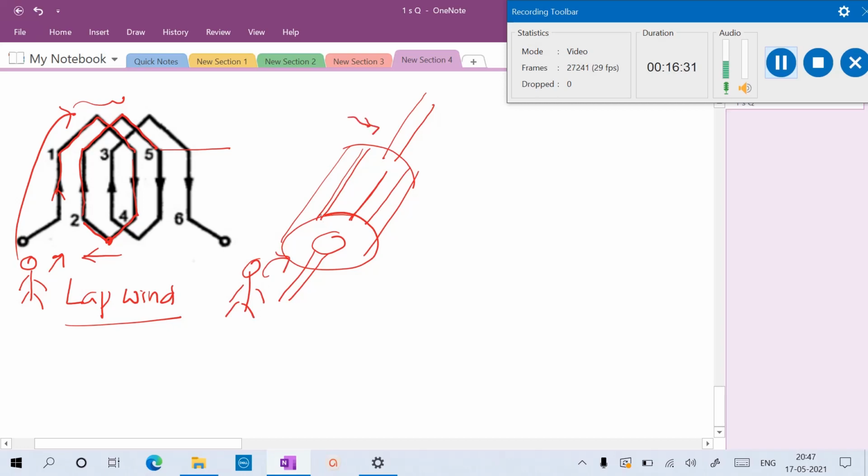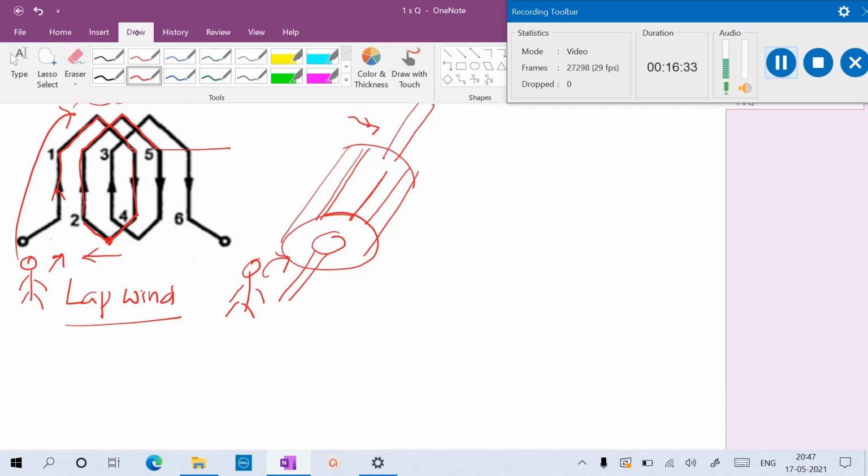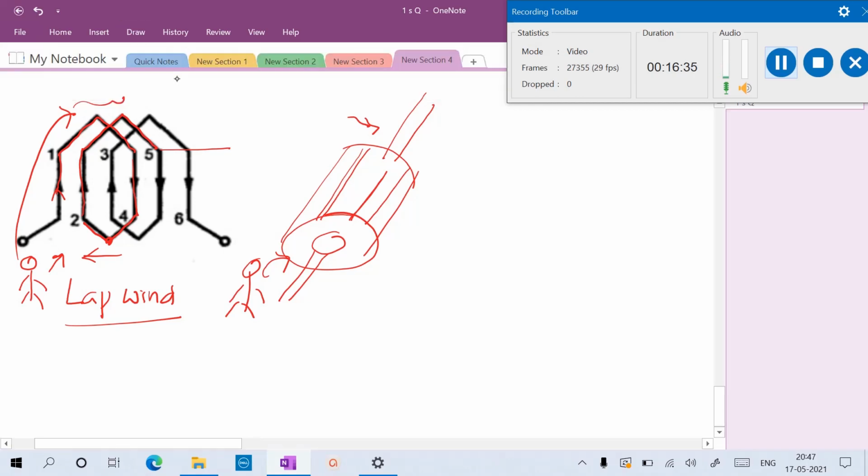Suppose here I place my winding in the first slot, and it is going to be placed at another pole pitch here. This is known as the back pitch, YB, and the next slot is the front pitch, YF.